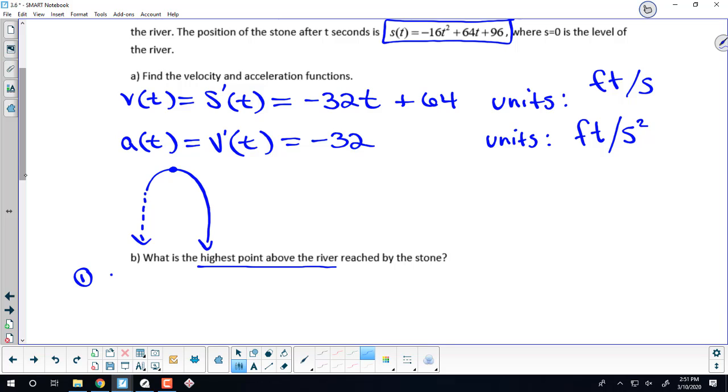We can find the vertex. Specifically, the point that we have on our position function is measured in seconds, comma, feet for our position. And it's asking what's the highest point above the river. So we really want the y coordinate of our vertex.